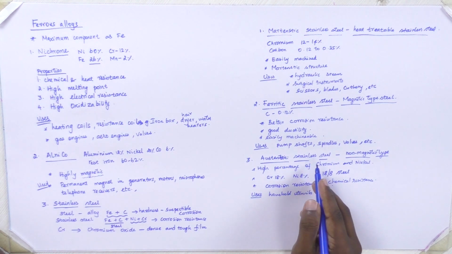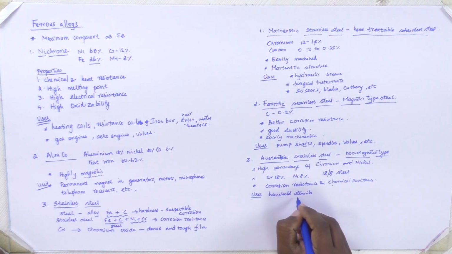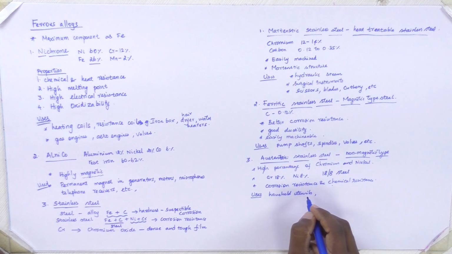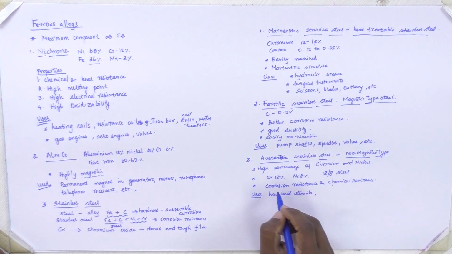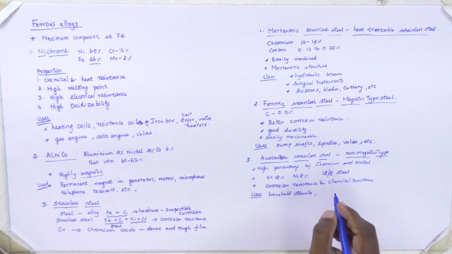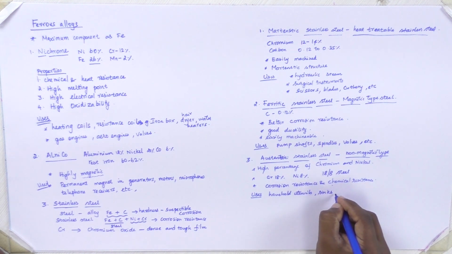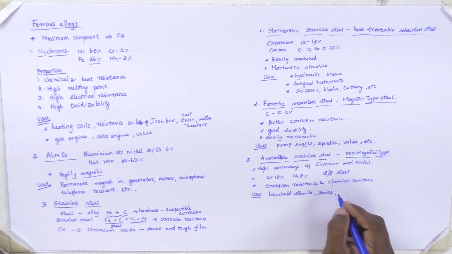If it affects the material, it will dissolve into the food material. That's why it is used in household utensils, where it will not be chemically attacked, or it will not corrode the iron present in that steel. It's also used in the sinks in our home as well as in the chemistry labs.